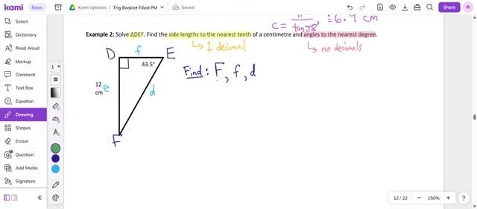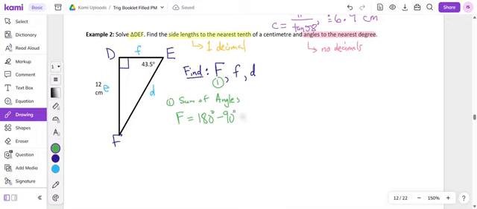So starting off, we'll find angle F. Here, we're lucky that we have both angles, so we can just use the sum of angles. That's a theorem that tells us that all angles in a triangle add up to 180 degrees. So we can write it like this. Angle F equals 180 degrees, subtract the other 2 angles.